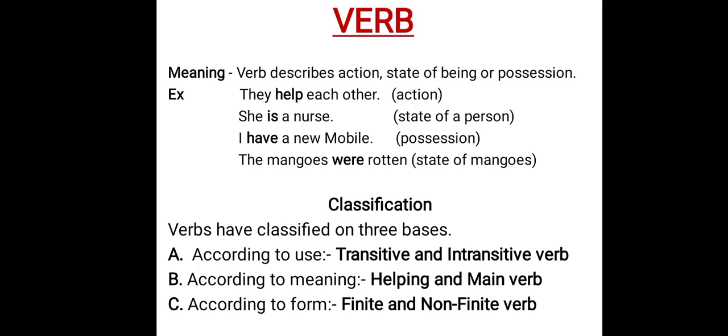The last example is, the mangoes were rotten. Here were is the verb which describes the state of the mangoes. I hope you have been reminded about the concept and the meaning of verb, and that it is clear to you now, and I hope it will help you study further about verbs.